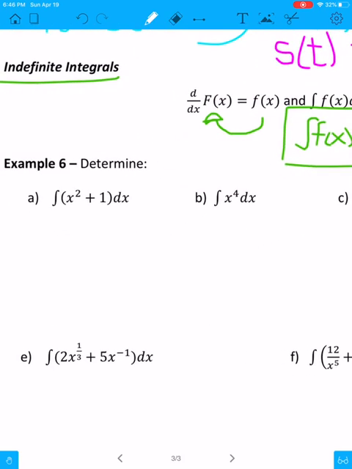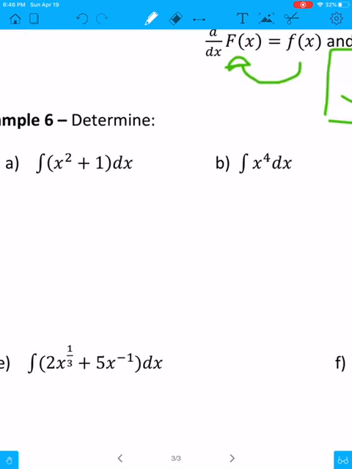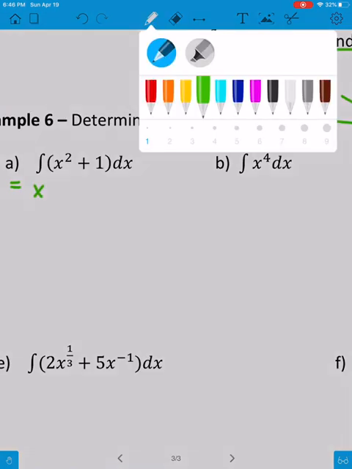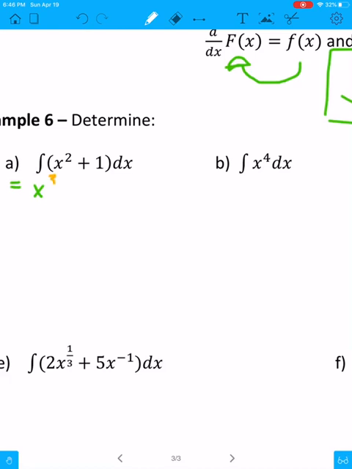Okay, so they want us to determine the antiderivative of x squared plus 1 dx. So we're literally just finding the antiderivative of that. So we're going to go equals, and what do I do? I rewrite it. X, raise it to the exponent 1 higher, cubed, and then divide by that 3. And then this is just 1x to the 0.